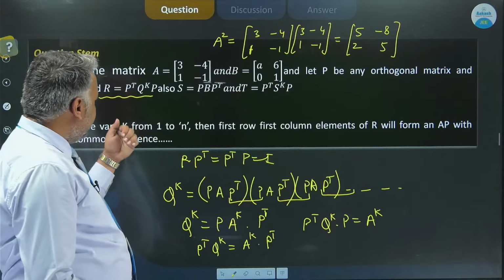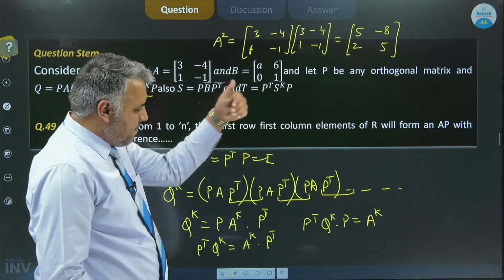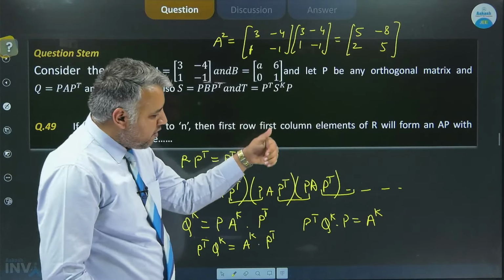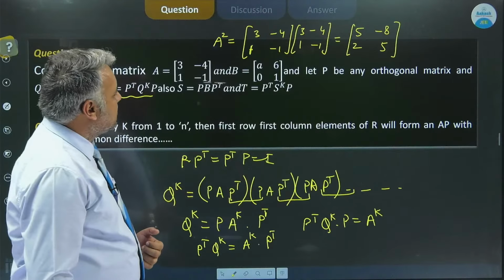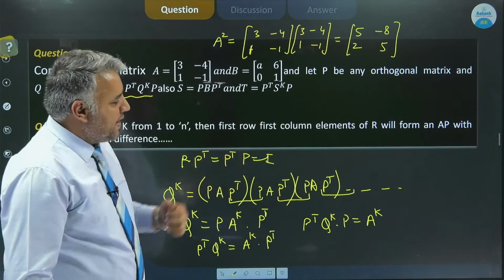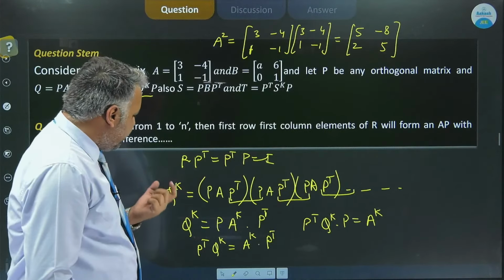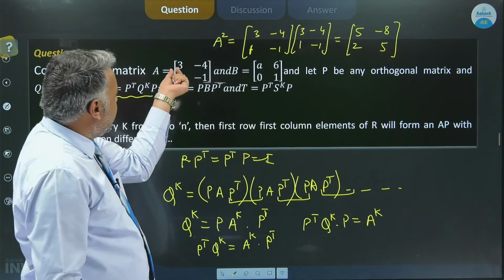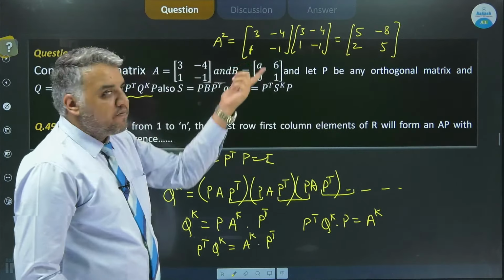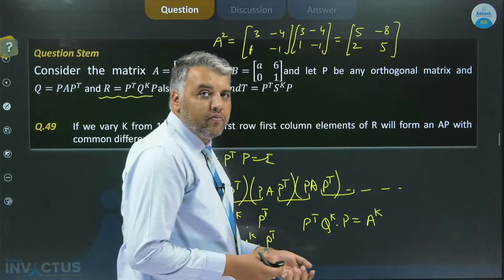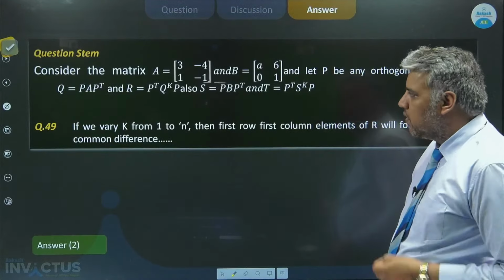Now they are saying that if we vary k from 1 to n, that means A power 1, A power 2, A power 3 and so on, in that sequence of matrices, the 1,1 position element forms an AP. The first element in A power 1 is 3 and in A square that is 5. So what is the common difference? I think 2 must be the answer. Let's check the answer. Yes, it is 2.